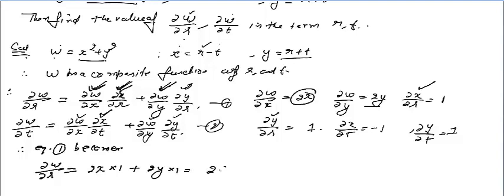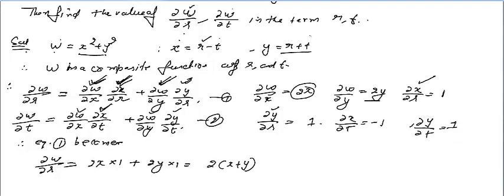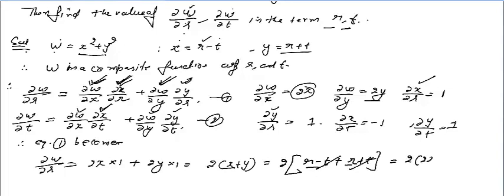So here you are getting 2 common, x plus y. But you want the answer in r and t, not in x and y. So you will substitute the values of x and y. The value of x is r minus t, and the value of y is r plus t. So t cancels, r plus r, 2r. So 2 into 2r, you are getting 4r. So you are getting the derivative of w with respect to r in terms of r.